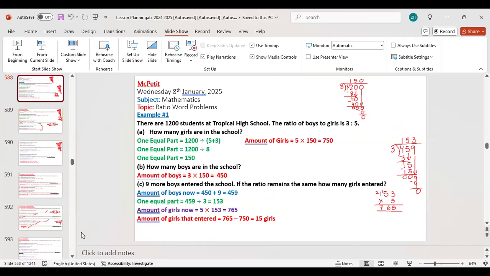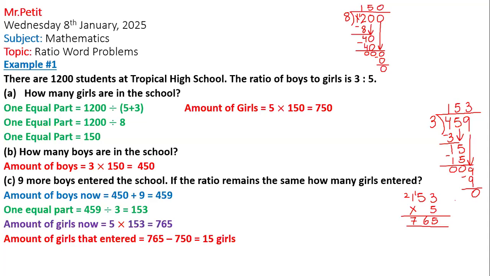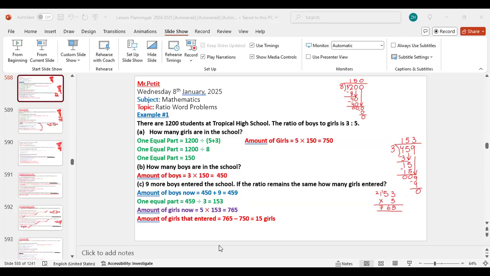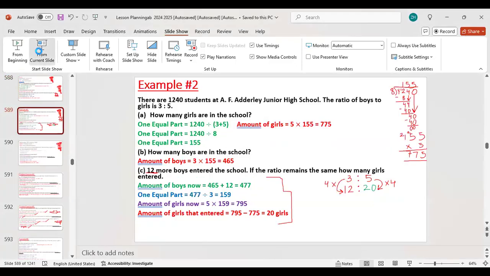One second, let me take a picture of this. So we're gonna start from the beginning. If you didn't have this, take a screenshot of this. This is the first slide. Then the second one is this one. This is example number 2.